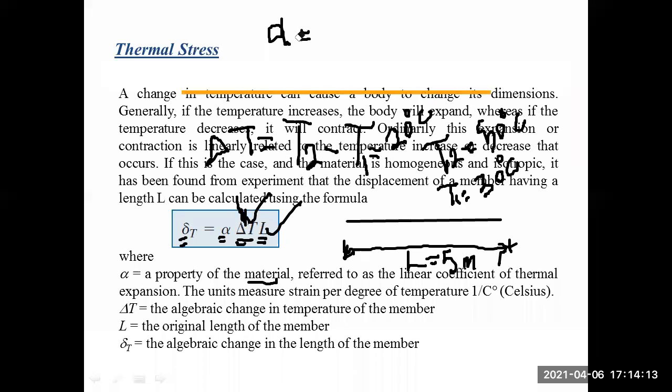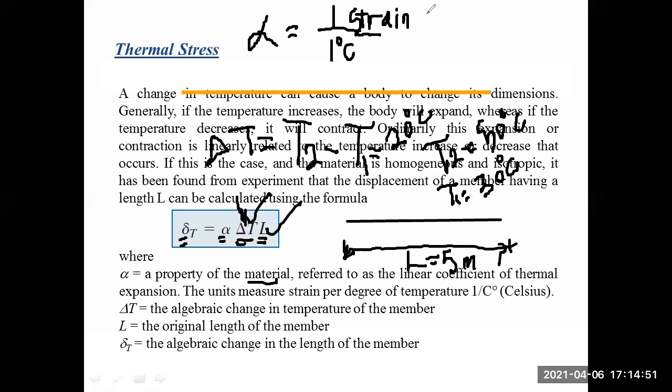Alpha is the thermal coefficient, and it is equivalent to one strain over one degree Celsius. One strain over 1 degree Celsius.